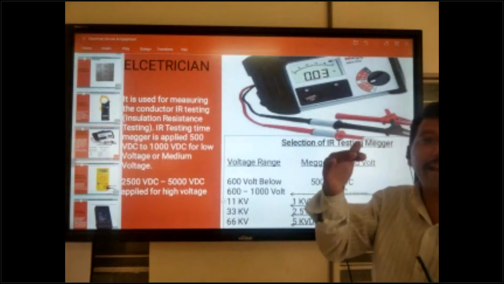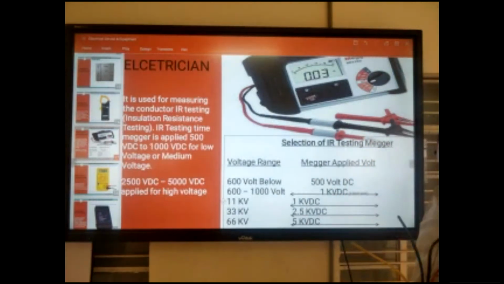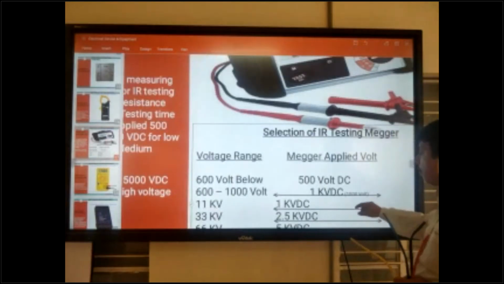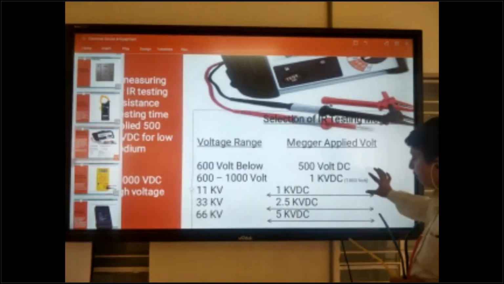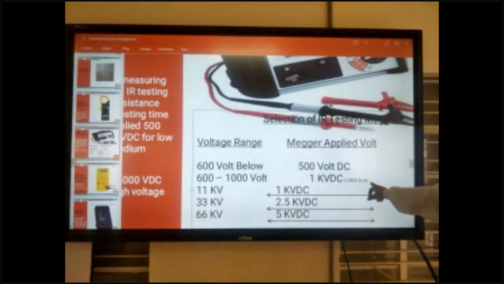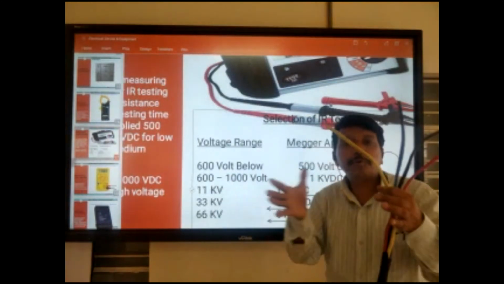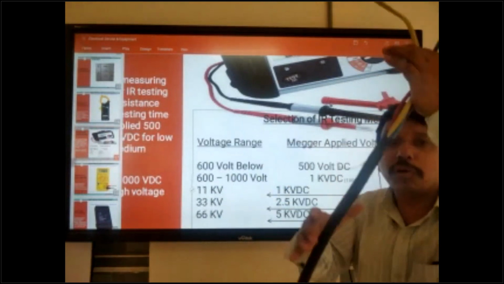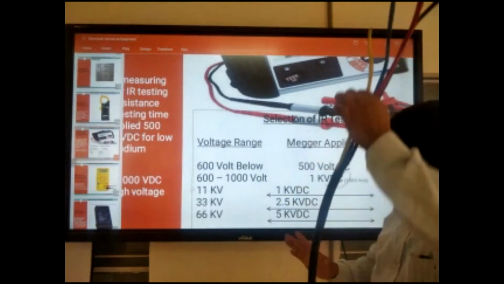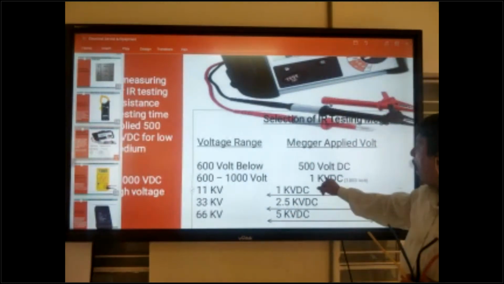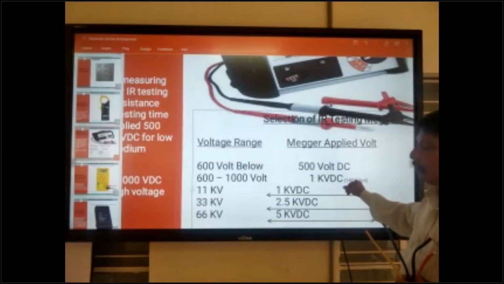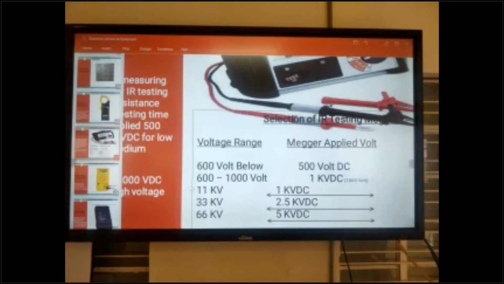So 1 kilovolt inside has 1000 volt. 600 to 1000 volt range, if you want to check the insulation of the cable, at that time you can apply 1 kV DC, or 1000 volt DC.